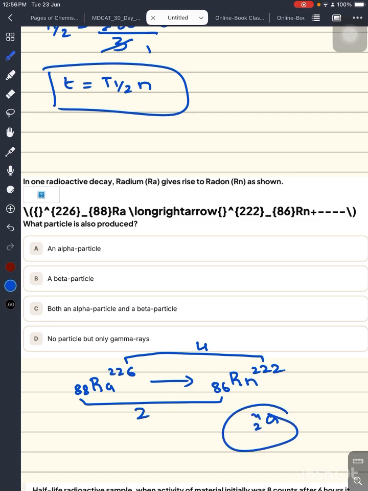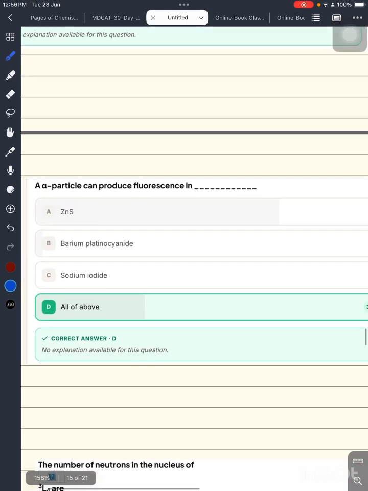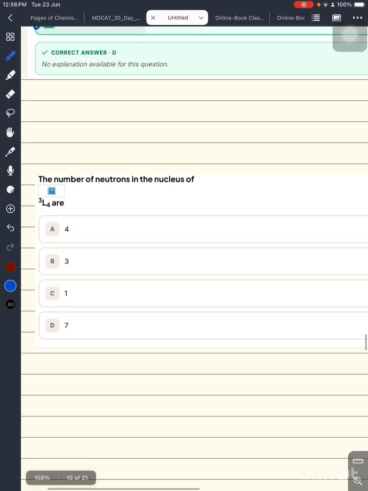So we know that it will be alpha particle decay. Alpha particles produce fluorescence in zinc sulfide, yeah. So it will be all of the above. You have to remember this.